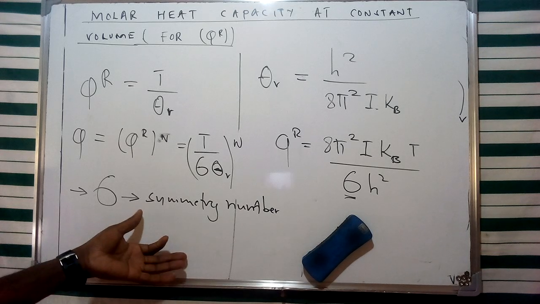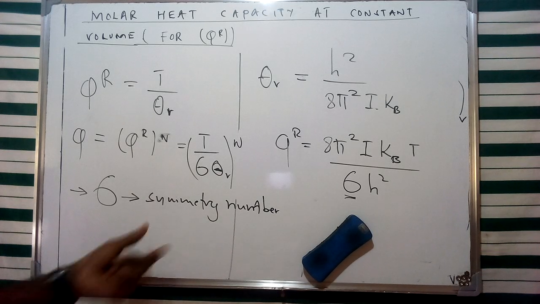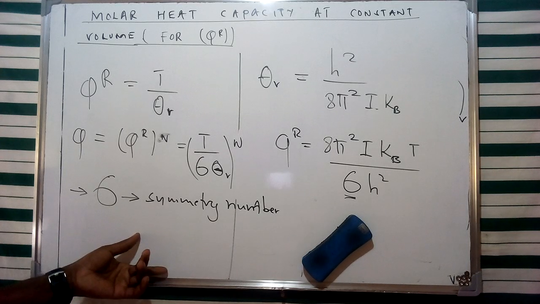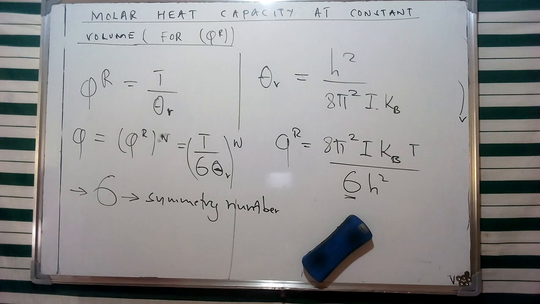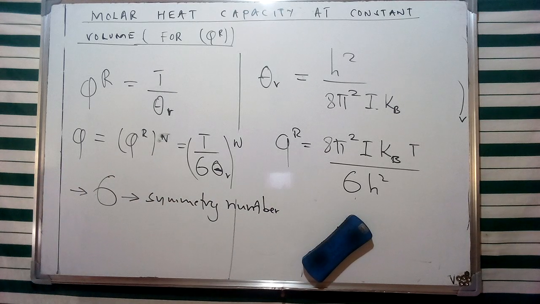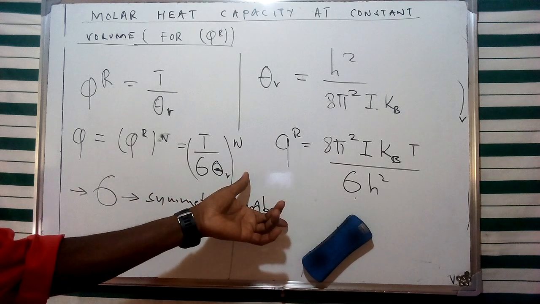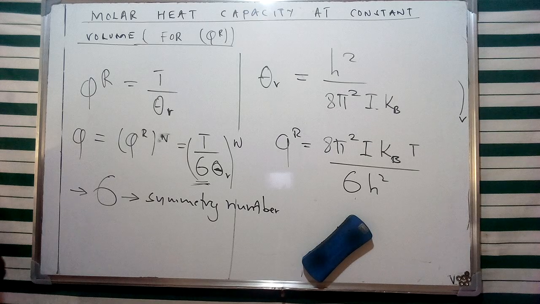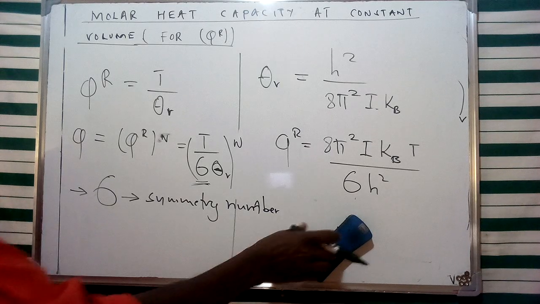So the symmetry number is going to be a factor applied to the rotational partition function, appearing in the numerator, and acting as a factor that corrects for the accessible rotational states. Now, we're going to discuss this in a different video, but I'd like to just give a note on the appearance of this notation.